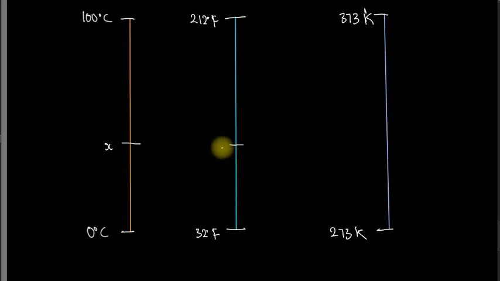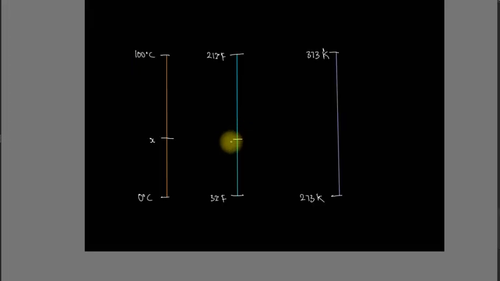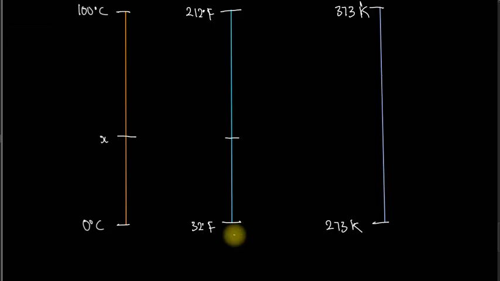Okay, let's use their initials instead. So instead of X, let's use C here. So a temperature in Celsius compared to a temperature in Fahrenheit, sorry, compared to a temperature in Kelvin.